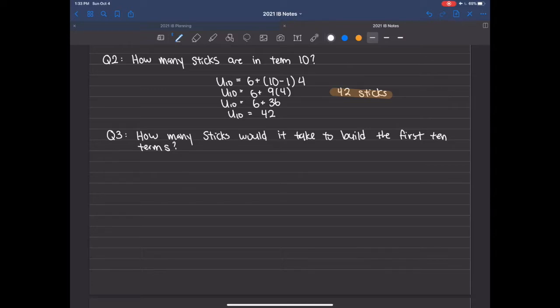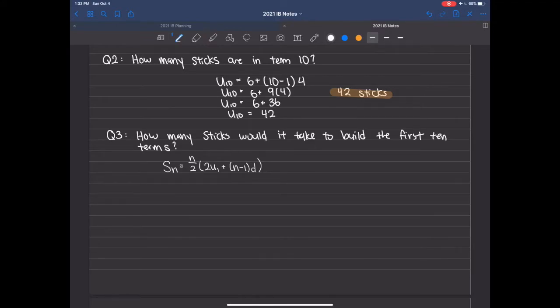Let's copy down our formula again. The first version, S sub n is equal to n over 2 times 2 times u sub 1 plus n minus 1 times d, all in parentheses.